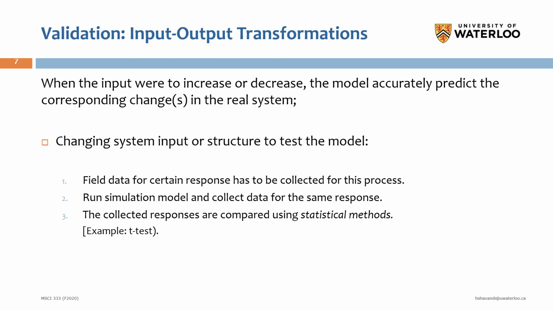And also we can change the system input or structure to test the model. So we may have some failed data for certain purpose. And so we do have this data from the real system.